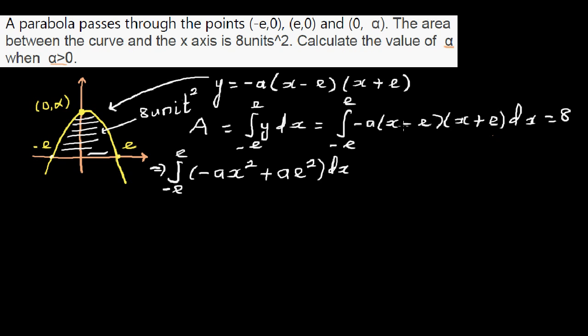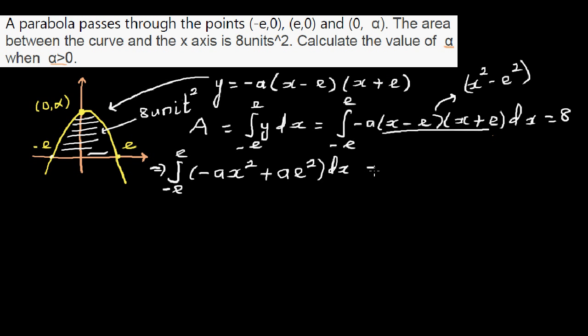The brackets (x minus e)(x plus e) expand to x squared minus e squared, and with the minus a, that's how I got minus a x squared plus a e squared dx.